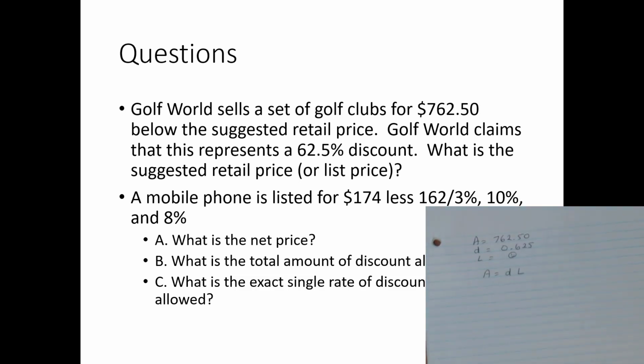So I didn't even have to look at a formula sheet for this. I just asked, how do I calculate discounts? And from there, I just start plugging stuff in: the rate of discount, and then I've got this L. Now I'm right back into Unit 1, Unit 2 land here. I'm going to isolate L by dividing both sides by 0.625, and I get an L of $1,220.